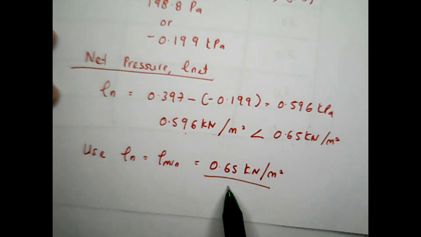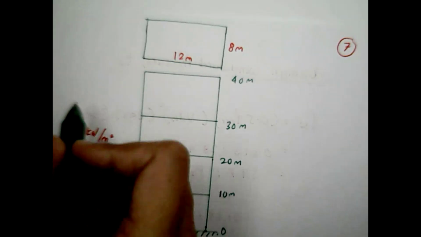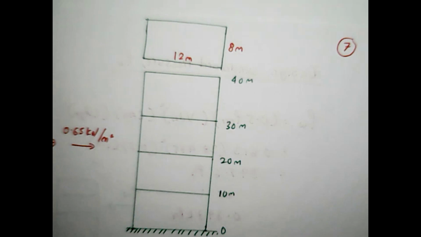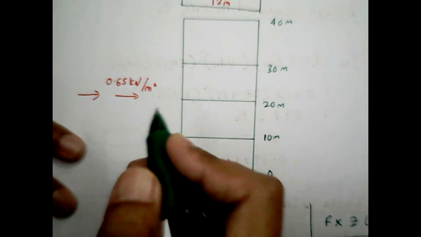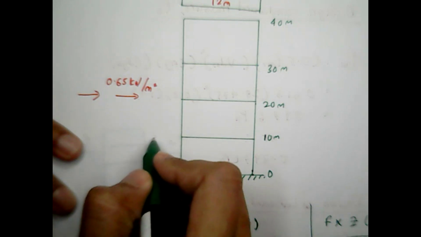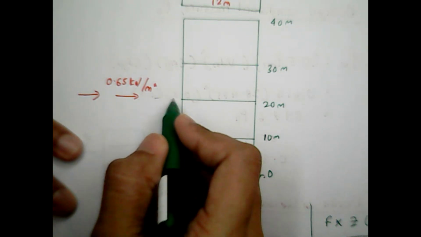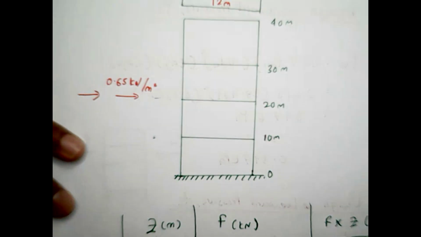Therefore, in our case, the whole levels in the buildings are applied 0.65 kilonewton per meter squared. Let's say we have a different V dash, so probably at this level is 0.5, here 0.65, and so on. It depends how we calculate the V dash and so on.